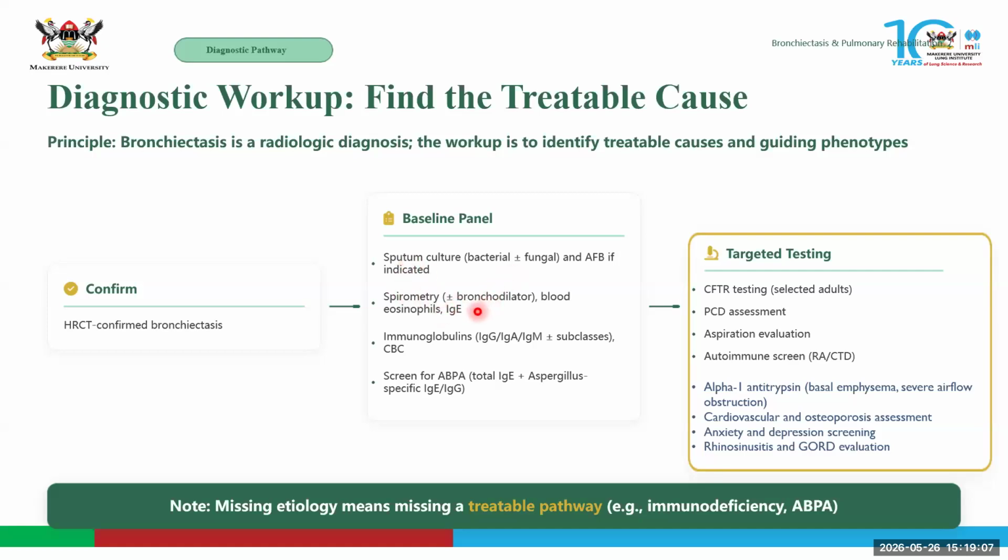Also, a baseline spirometry can be done, ensuring that the patient meets criteria for spirometry. In case they do not meet the criteria due to the nature of the rate of infection, this can be postponed.